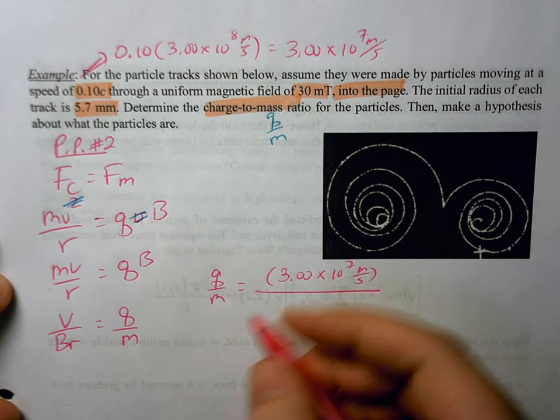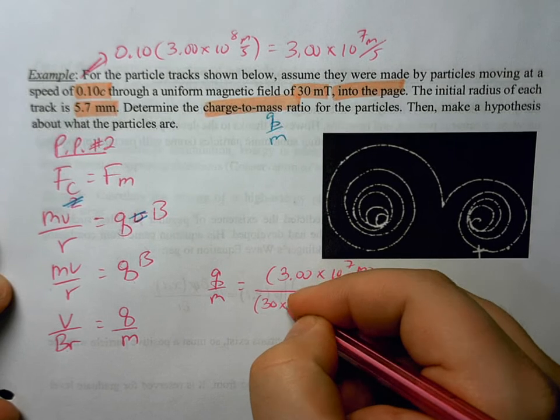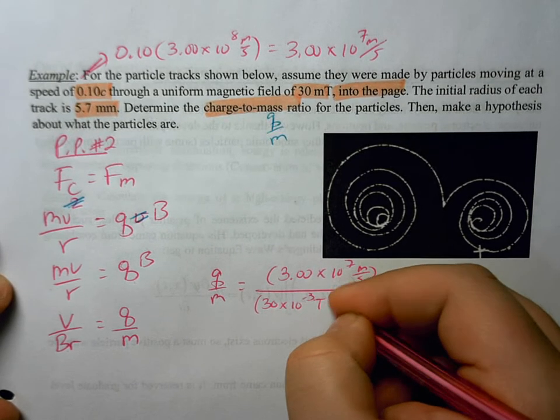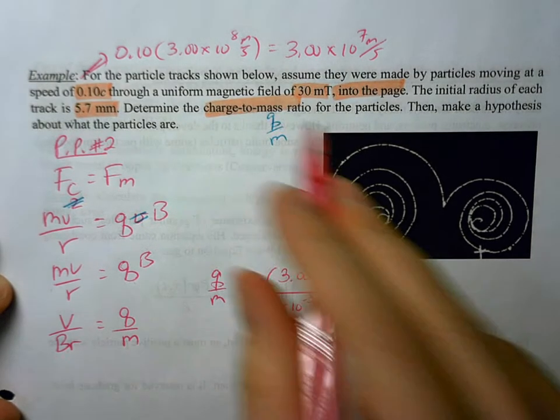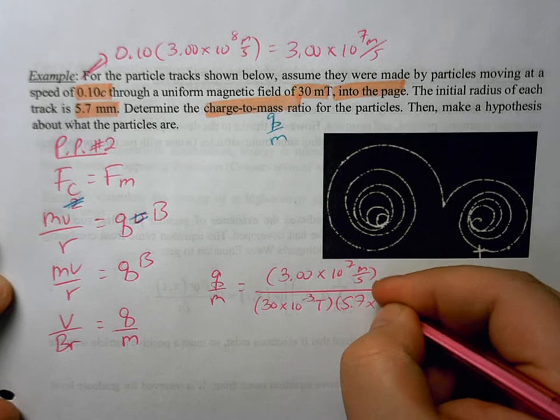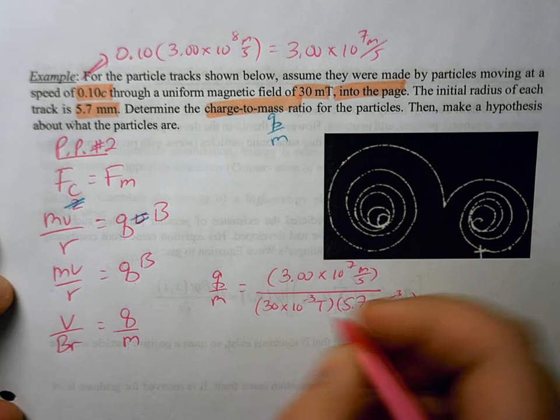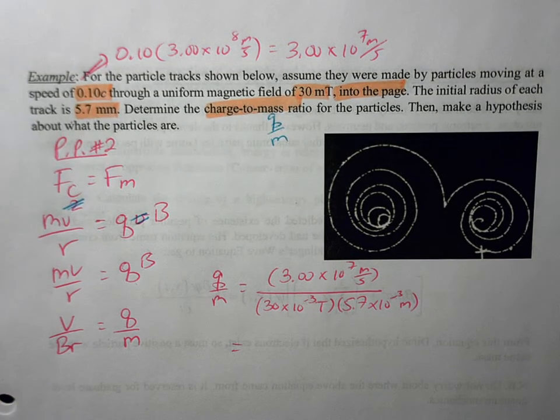Then we have our magnetic field strength of 30 millitesla, so we'll multiply that by 10 to the minus 3. And then we have a radius of 5.7 millimeters, which we'll also multiply by 10 to the minus 3. Last step, we just have to calculate this. Don't forget, because in the denominator we have more than one term, we want to make sure that we bracket that in the calculator.